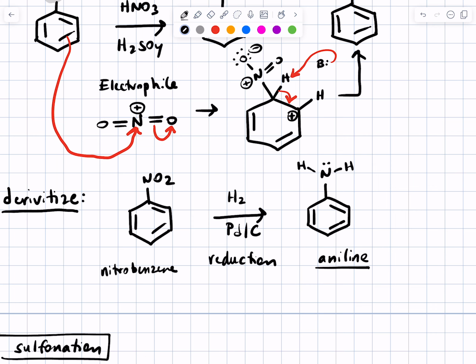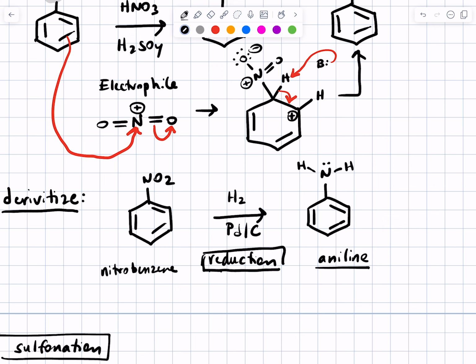So this is a palladium catalyzed hydrogenation, reduces the nitro group to an aniline. The nitrogen is still there, but the nitrogen-oxygen bonds have been replaced with nitrogen-hydrogen bonds, and the nitrogen now has a lone pair. This is a reduction reaction.